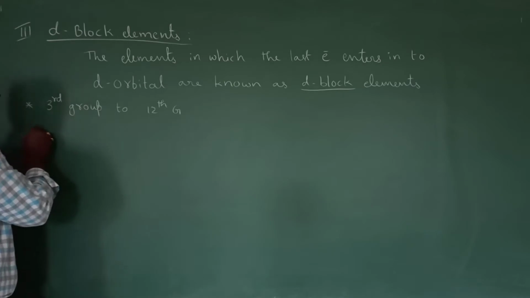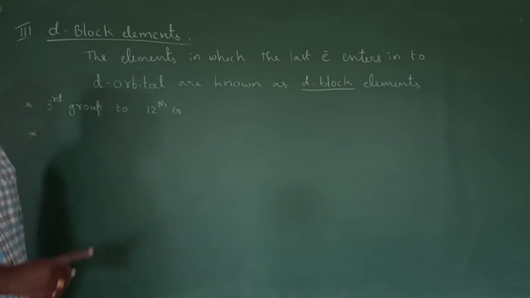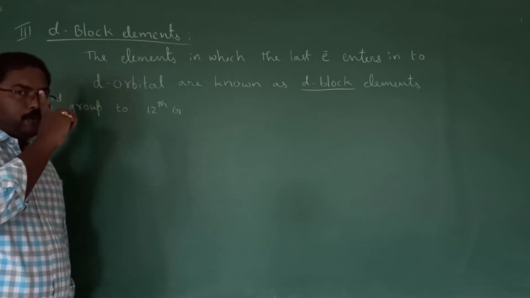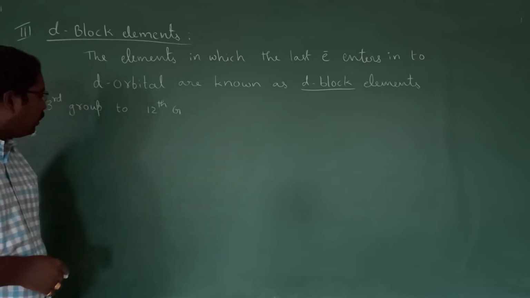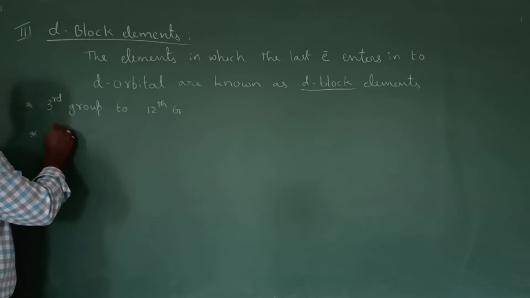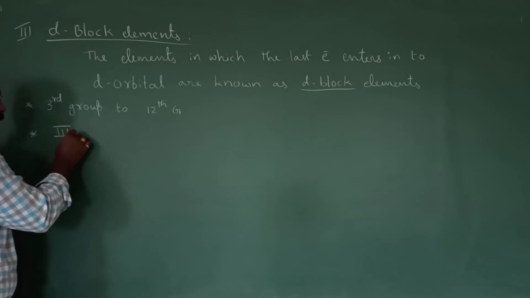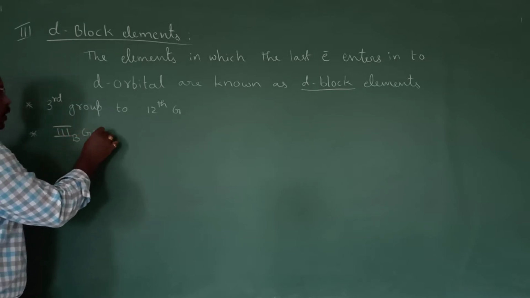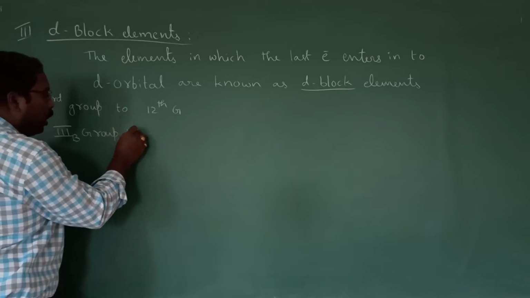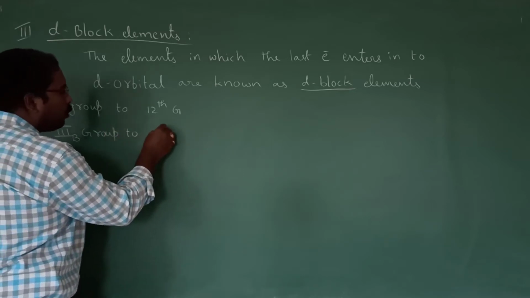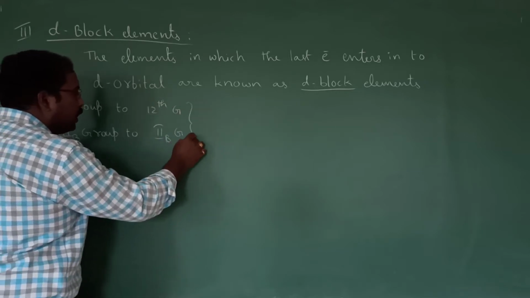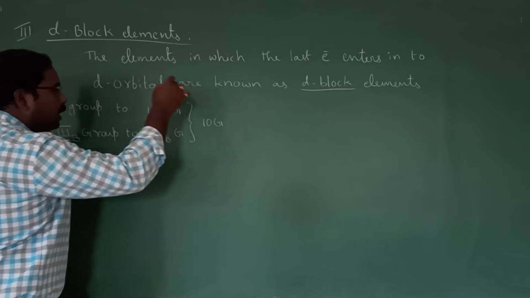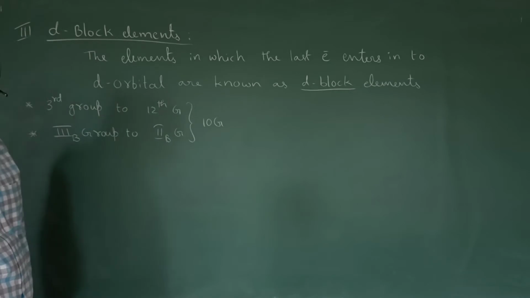Instead of these normal numbers, in terms of Roman numerals, we have an idea about the numbering. So the third group will be the third B group, and the 12th group is the second B group. So these 10 groups come under d block elements.